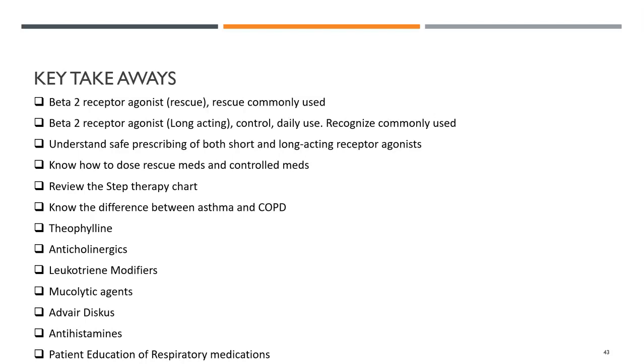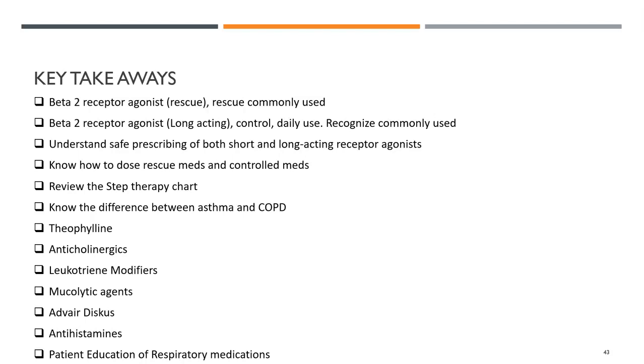Know how to dose rescue meds and control meds. Review the step therapy chart. Know the difference between asthma and COPD. When I say review the step therapy chart, you're not going to go past step 3 because that's for the specialist. That's something I want y'all to learn: what a nurse practitioner would be responsible for, not the specialist. So know your level, the level of care the state board will allow you to provide.